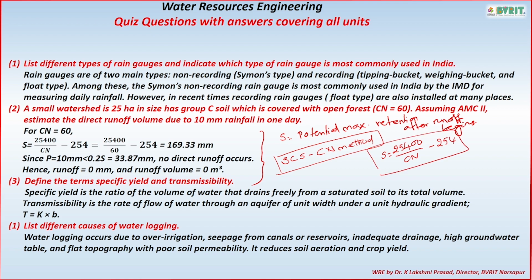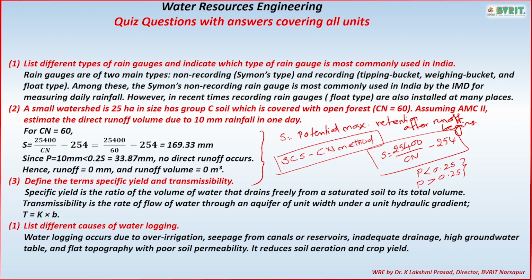Once this is calculated, then you check whether P is less than 0.2S or P is greater than 0.2S. This is the first thing. If P is greater than 0.2S, then only there will be runoff. Then in the SCN method, they have given an equation which you can use. That equation is nothing but Q equals P minus 0.2S whole square divided by P plus 0.8S.